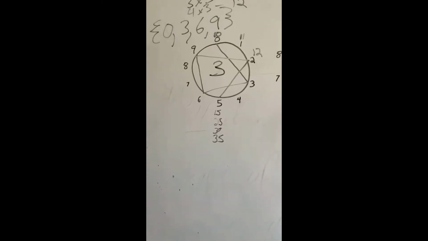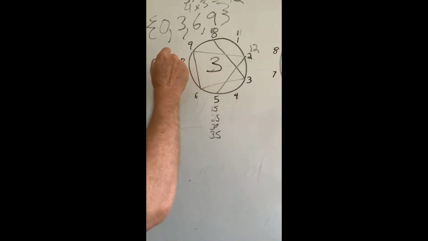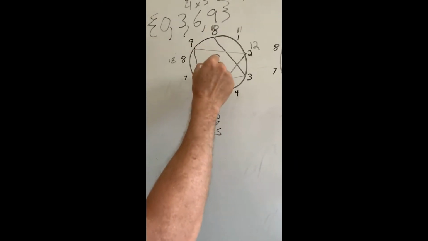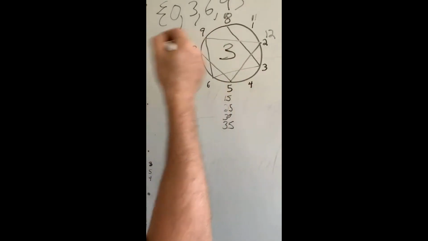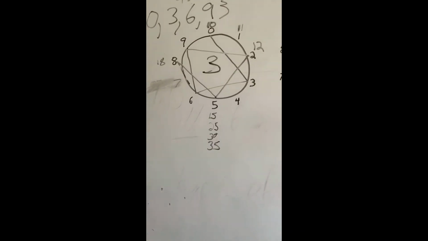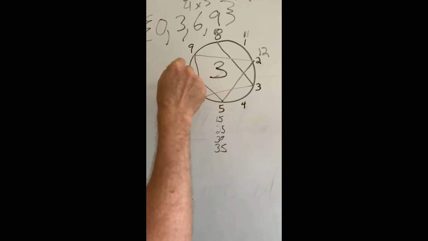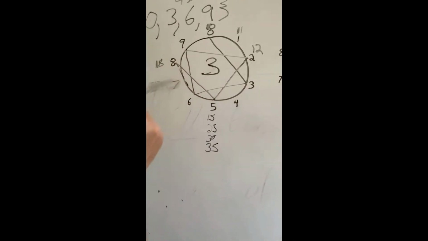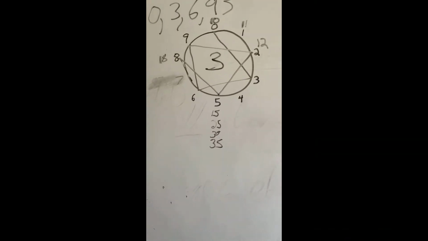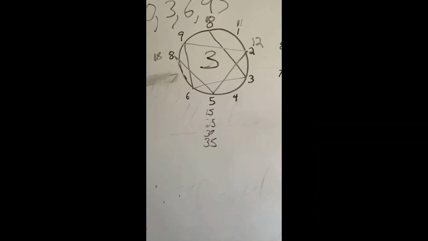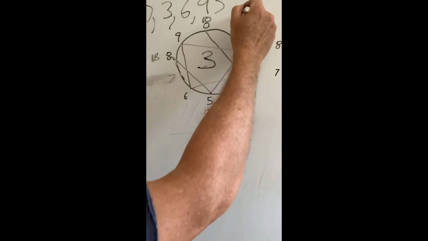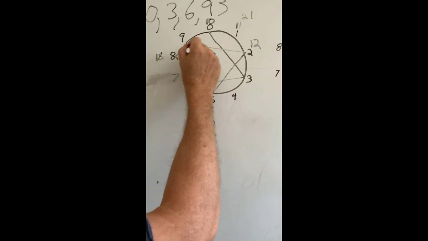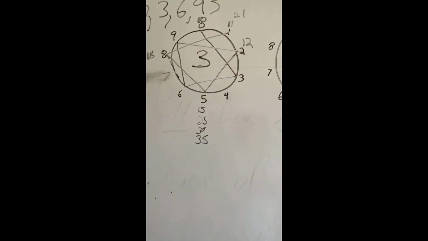3 times 6 is 18. Well, this 8 becomes an 18. So we've done 6 times 3, that's going to be 18, and this changes to 18. And then we're going to do 3 times 7, which is 21. 21 over here. We're getting close to the end of the pattern here.